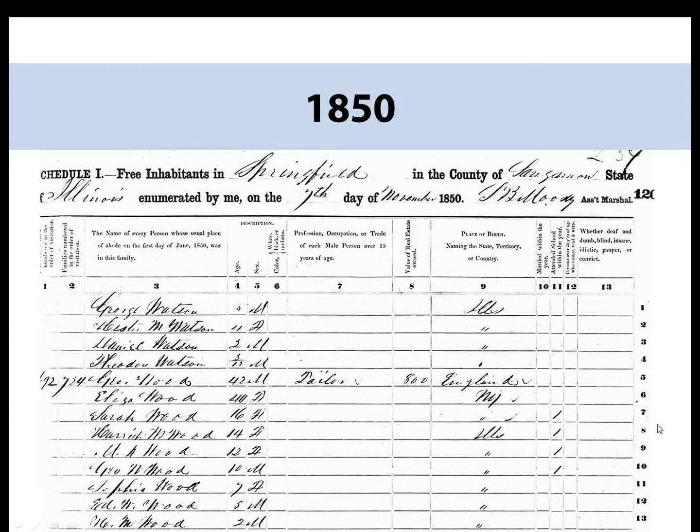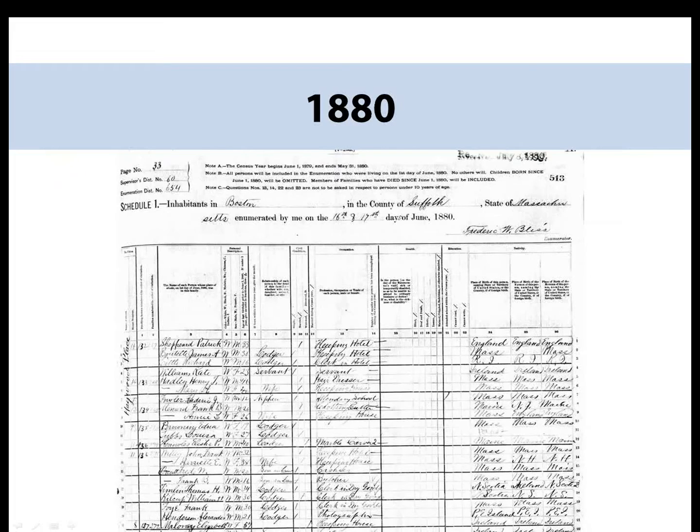By 1880, one of my favorite censuses, because of my experience in lineage, it's the first that identifies the relationship between the head of household and everyone else in the household. So from 1850 to 1880, we're basically assuming that the entire household is related, or that they're an immediate family.